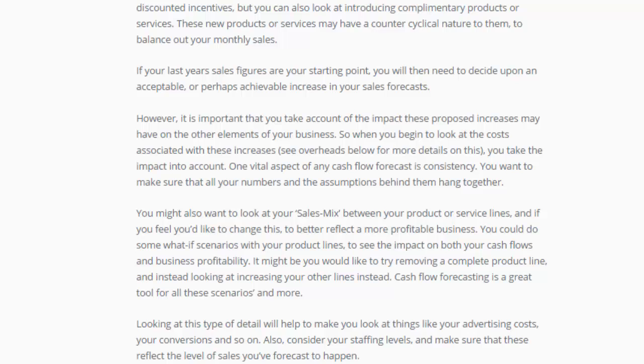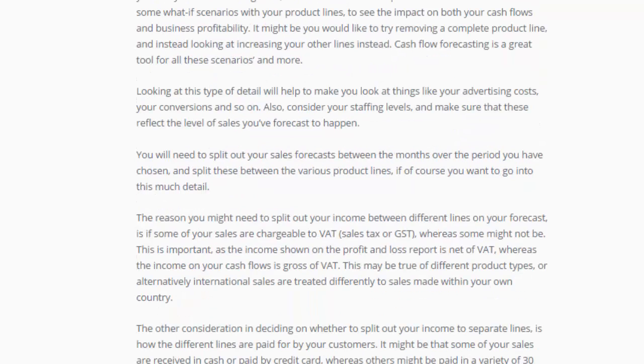Will your telephone be used a lot more, so your telephone expenses go up? Is your premises big enough to carry that level of stock, and or the staff? So it's important that you review each of your expenditures and make sure they align with where the business is going and increasing.